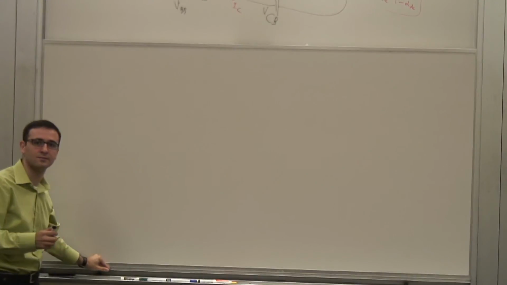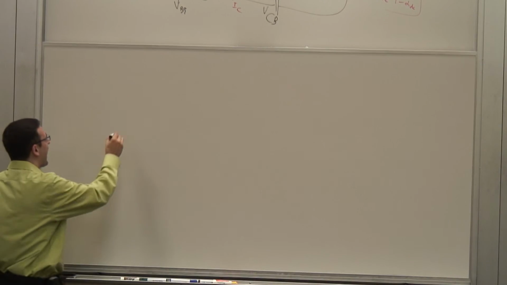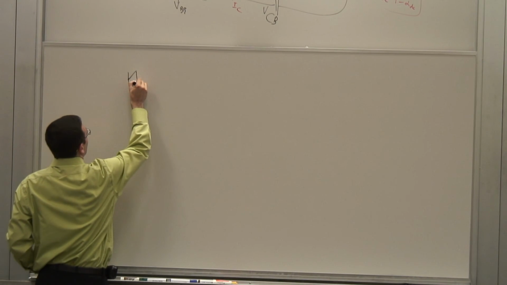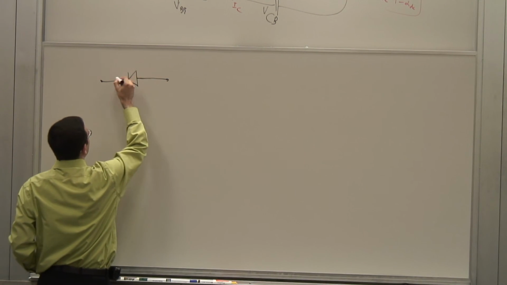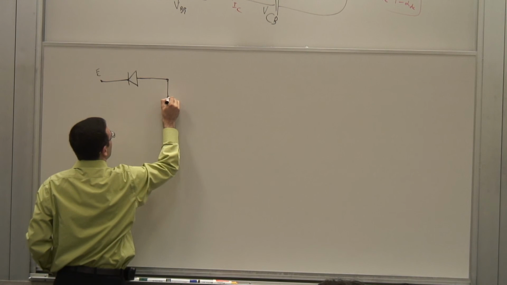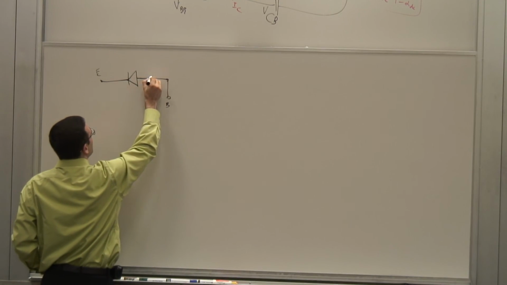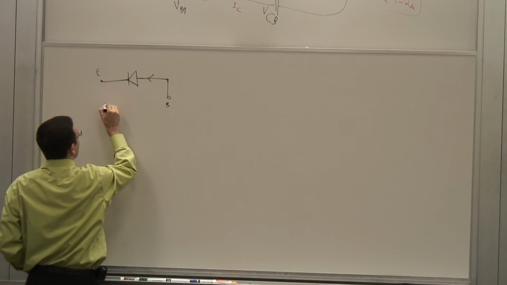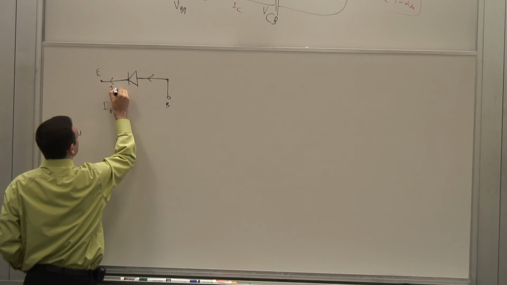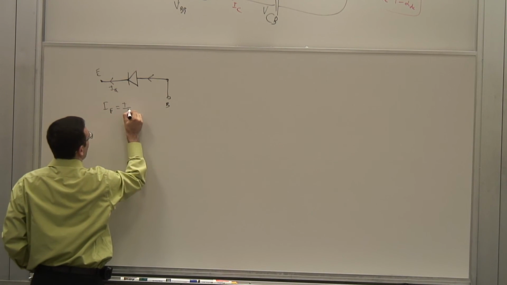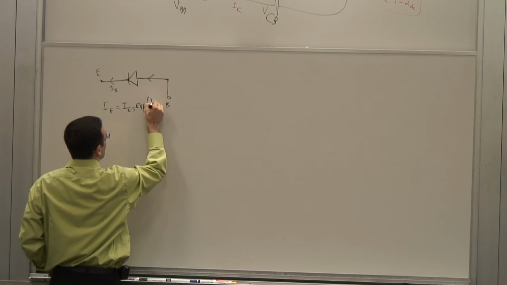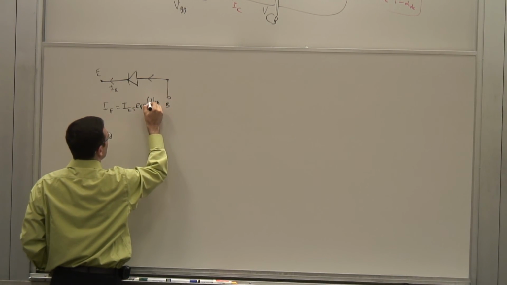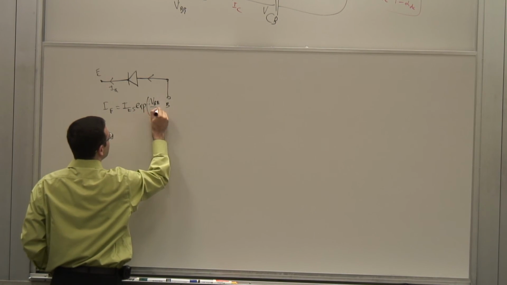Let's look at it and see what we have. So far, we have a diode on the base-emitter junction that we care about. So this is the emitter, this is the base. And what we have here is that we know this current, let's call this IE in this case, is IES e to the VBE over VT.